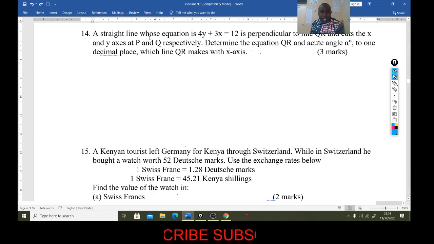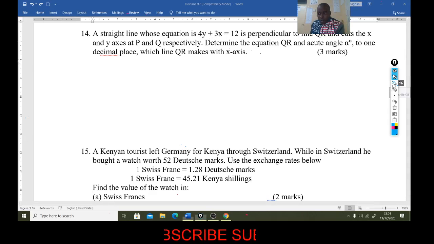So we find the gradient of the equation. What we do is write it in the form y equals mx plus c. We have 4y plus 3x equals 12.